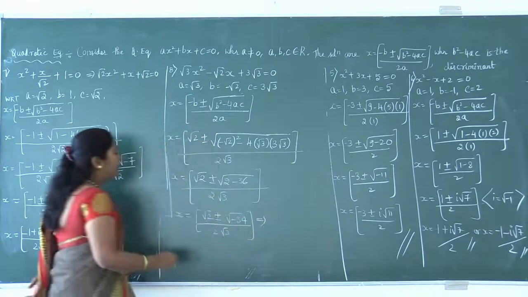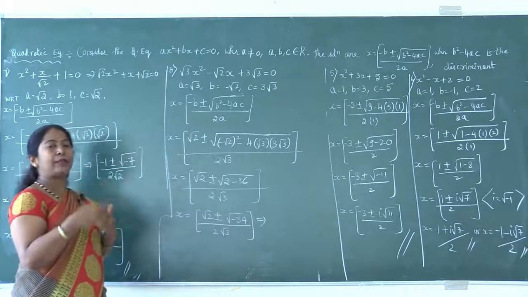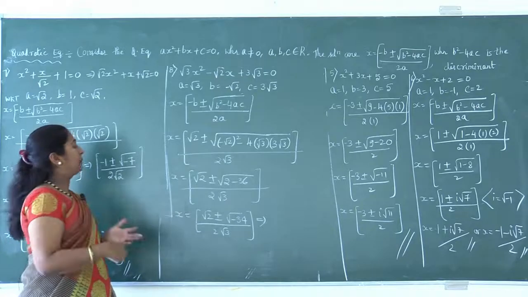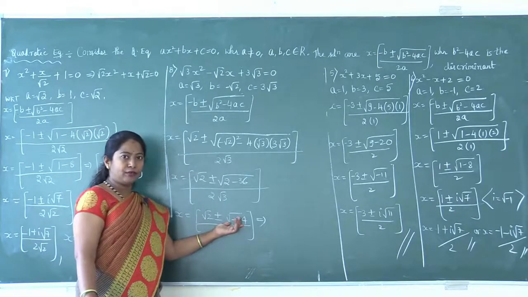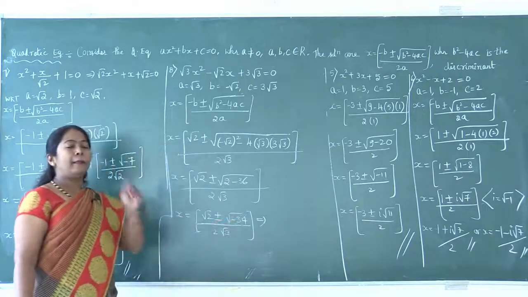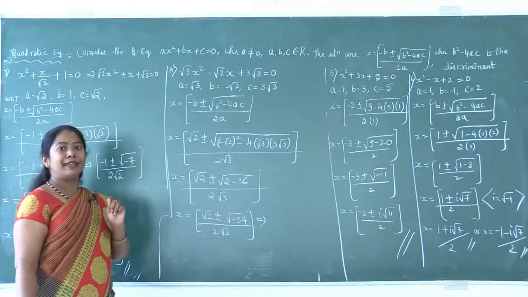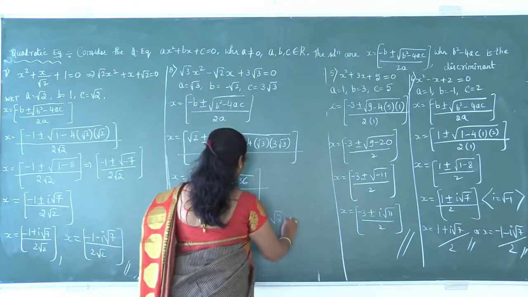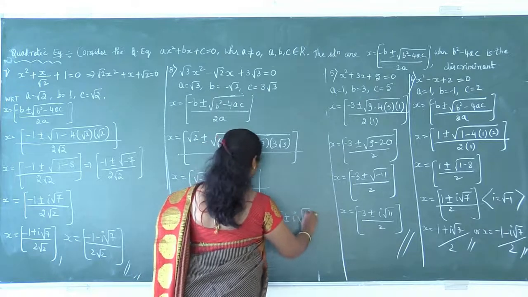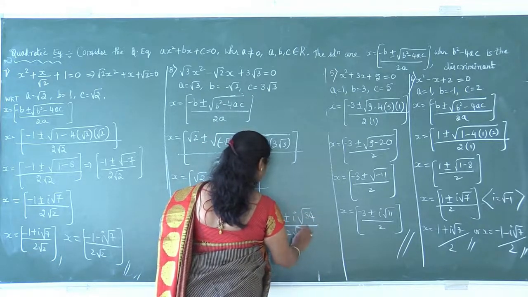I need to represent this quadratic equation in terms of a complex number, that is a plus i into b or x plus i into y. So I will rewrite this root of minus 34 as root of minus 1. Keeping the power of i concept, root of minus 1 can be written as i. So this is nothing but root 2 plus or minus i into root 34 divided by 2 root 3.